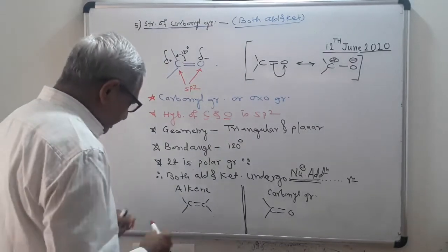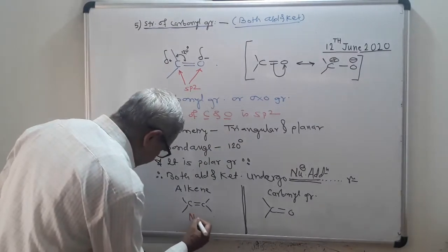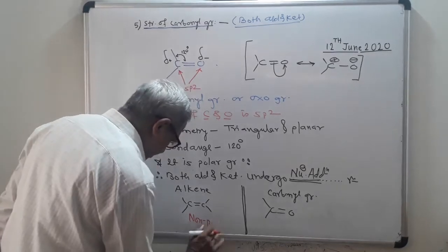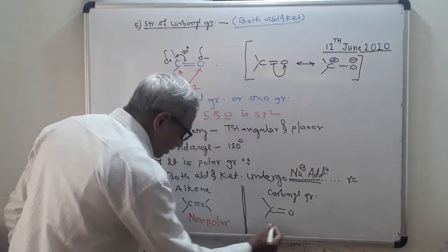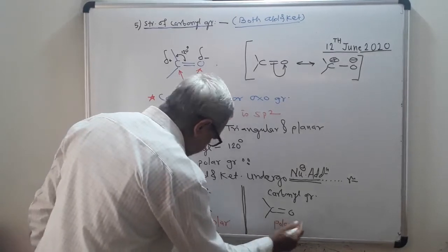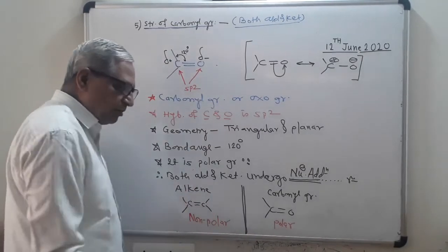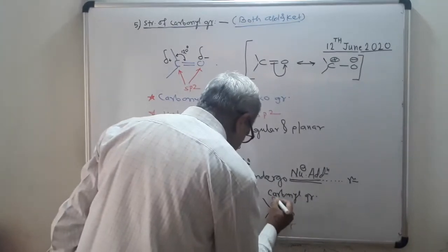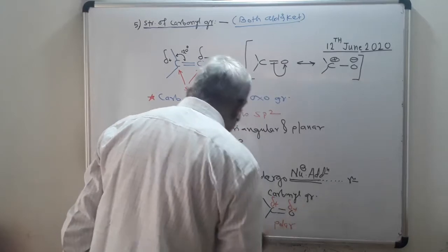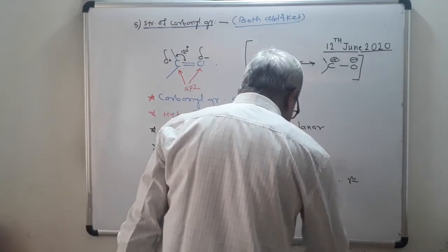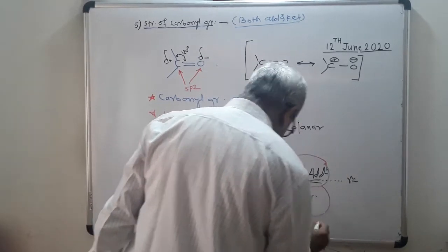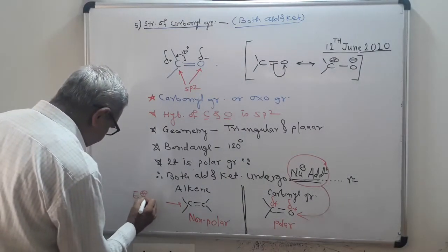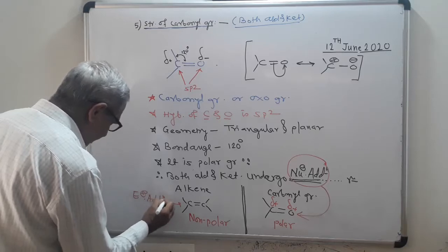First point is that alkenes are non-polar. Carbonyls are polar, because the electronegativity of both carbon atoms in an alkene is the same. Second point, as it is polar, this carbon will get delta positive charge and this oxygen will get delta negative charge. Therefore, the carbonyl will undergo nucleophilic addition reaction and the alkene will undergo electrophilic addition reaction.